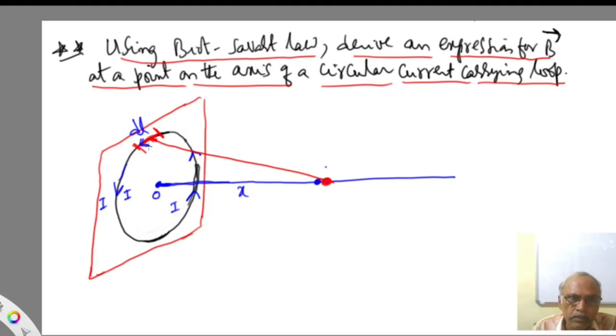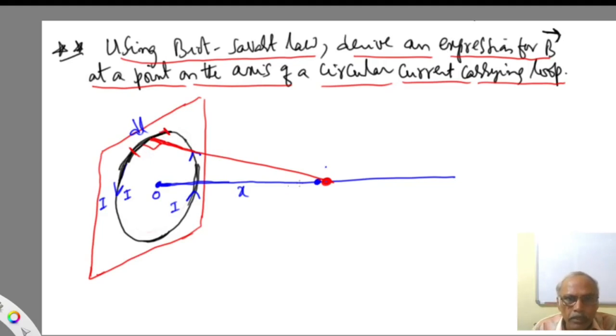This current makes 90 degrees with this line, the line joining the element to point P. This is 90 degrees. Yes, sir. And this is one element dl.